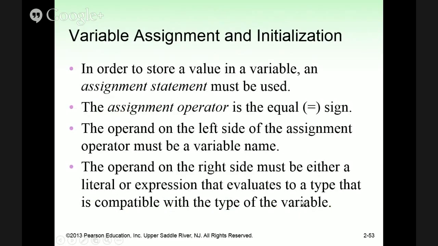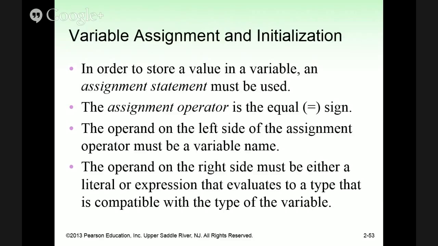So what that means is when you have your variable name on your left-hand side, it's always of a particular type. It's either a byte or a string or an int or something. So whatever you put on the right side of the equal sign has to evaluate to that type of data. So if your variable on the left side of the equal sign is an int, then it's up to you, the programmer, to make sure that whatever you put on the right side of the equal sign will evaluate as an int.